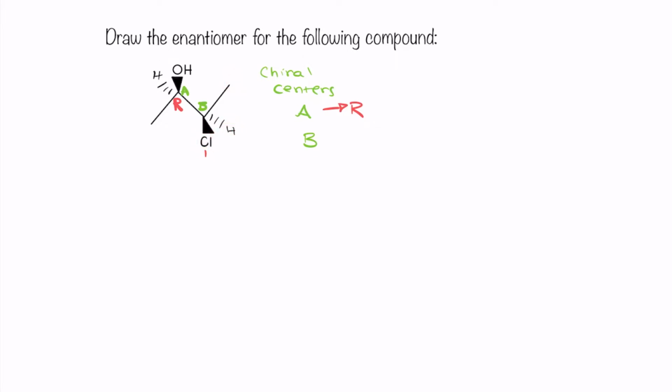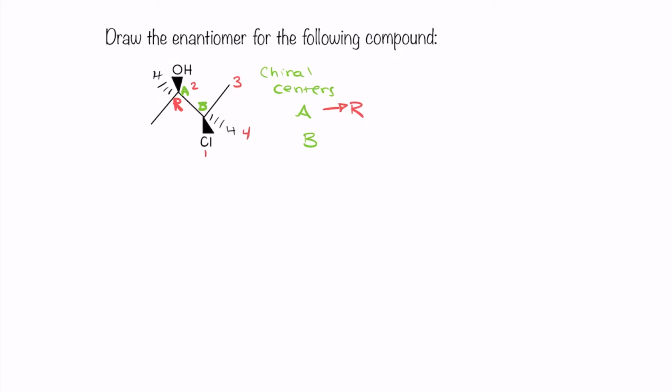So it's going to take priority number 1, and now we can assign priority number 2 to either this carbon or this carbon. And this carbon on the left is going to be way heavier because it's attached to a whole lot more things. So that's going to get priority number 2. And therefore, this methyl group is going to get priority number 3, and this hydrogen is going to be stuck with priority number 4.